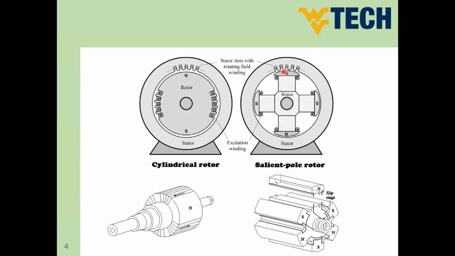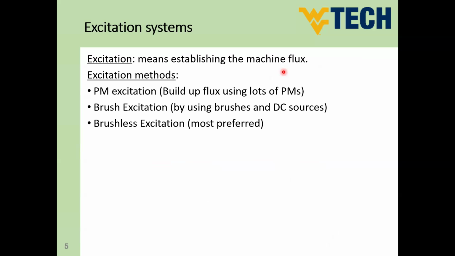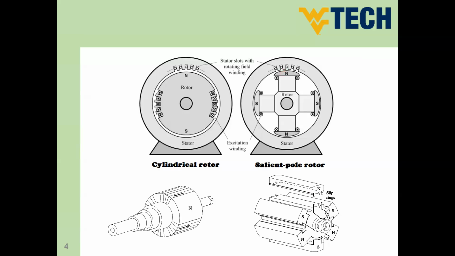The pole of winding comes from reversing the current direction inside the winding. So let me draw one more slide here for you.